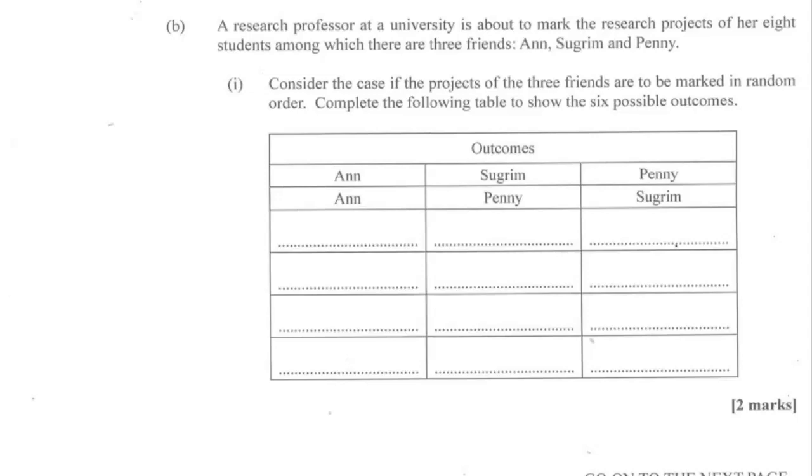Okay, so this is you can mark Anne, then Sugrim, then Penny, or you could have marked Anne, then Penny, then Sugrim, or you could have marked Penny first.